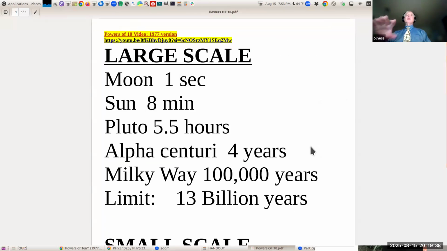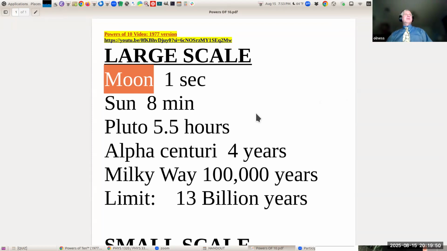And so before I show the video, I just want to review some of the scales that you see. For example, if I ask you, how far is it to the moon? I don't know that, it's so many miles, a big number of miles, and I can't remember, is it a million, 1,000, a billion, whatever.